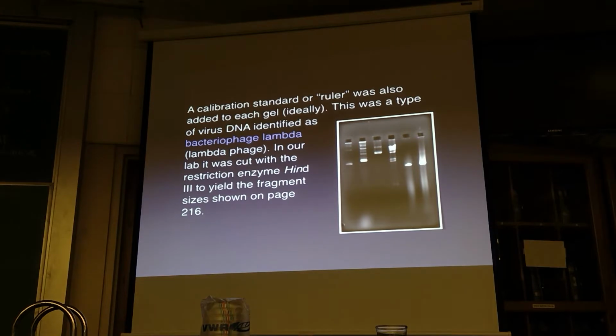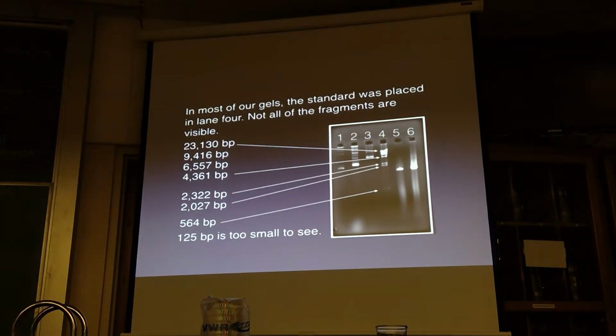So what's the significance of this? Well, bacteriophage lambda that's cut with the enzyme HindIII will always yield a set of bands that have a particular size. This pattern that you see here is a RFLP pattern, a restriction fragment length polymorphism pattern generated by cutting bacteriophage lambda DNA with HindIII.